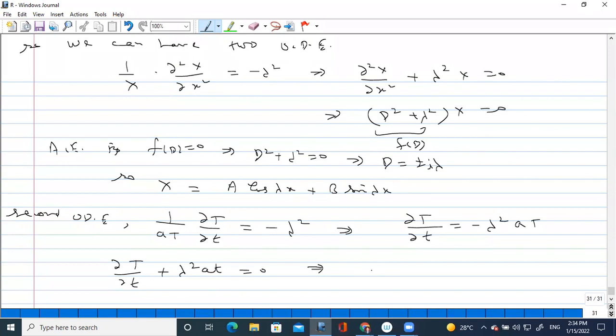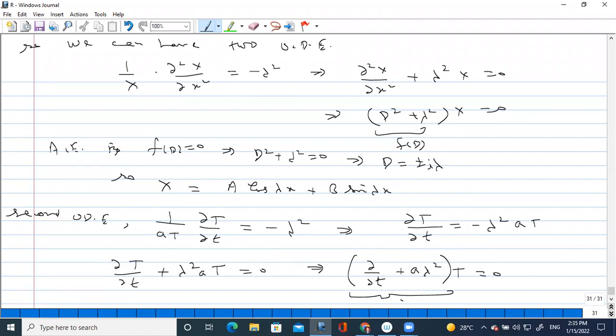So this equation will give you F(T): F(D) is del by del t plus a lambda square, this is capital T, T equal to 0.